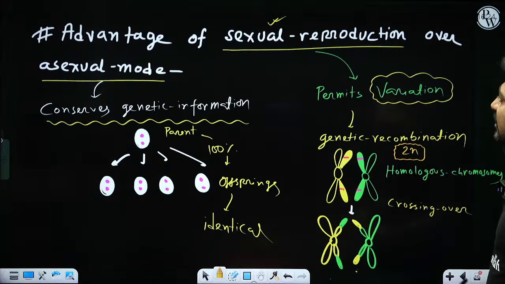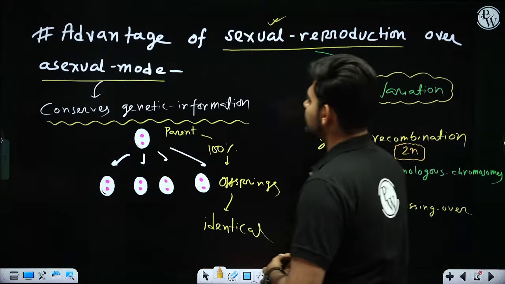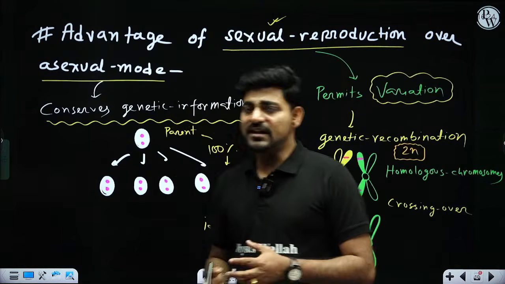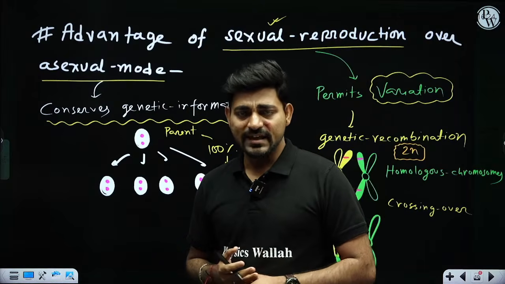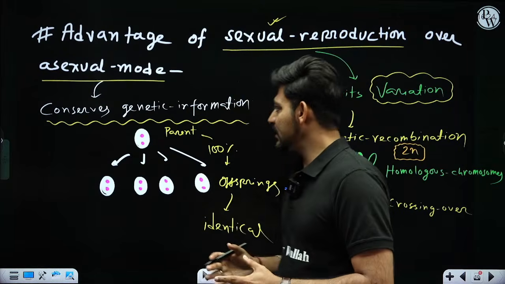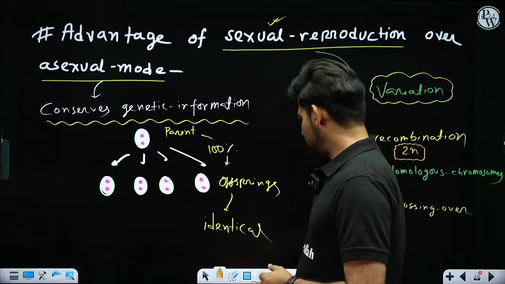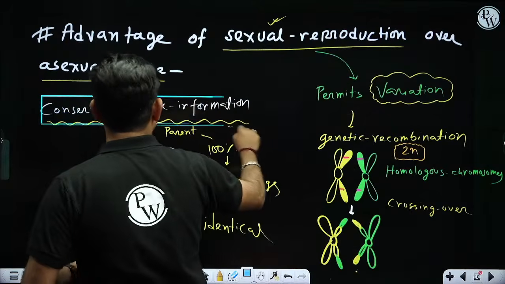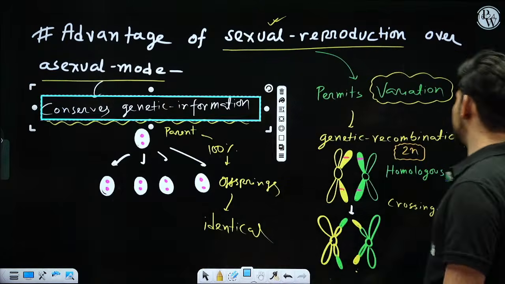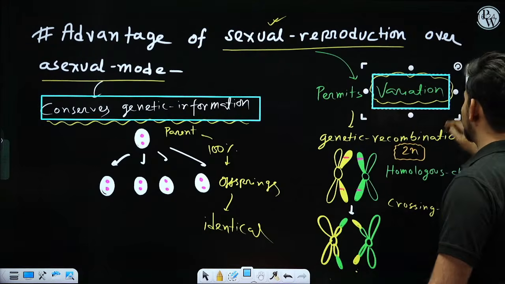What is the advantage of sexual reproduction? First, we need to know the advantage of sexual reproduction over asexual reproduction. Now, it's very clear. Asexual reproduction conserves genetic information, whereas sexual reproduction permits variation.